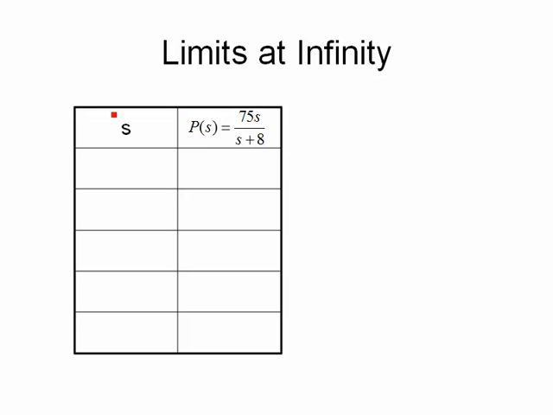Let's take a bunch of values of S here and see what happens when I put them into this particular function. When I put 1 into 75S over S plus 8, I get 75 over 9, and that's about 8.3.